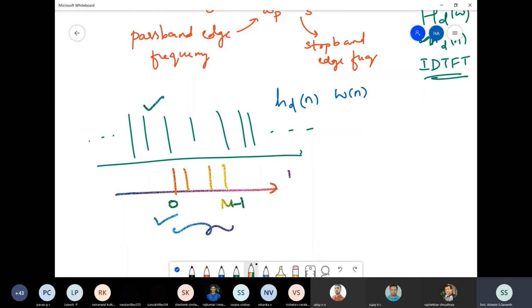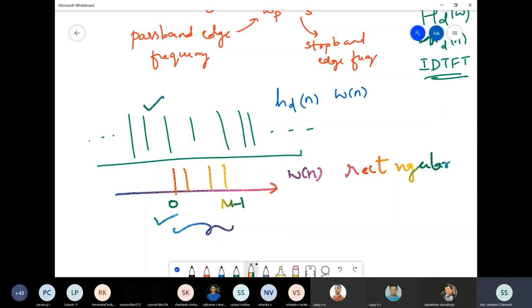So this function that we are multiplying is called the window function. And to be very specific, it's a rectangular window. Finite duration sequence with a rectangular window.